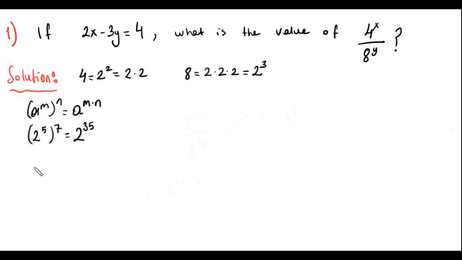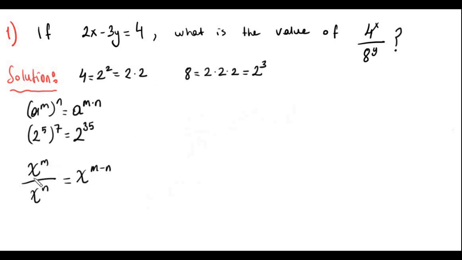Another piece of information that we need is that x to the power of m over x to the power of n is equal to x to the power of m minus n. When we have two exponents with the same base and we divide them, we just subtract the powers.